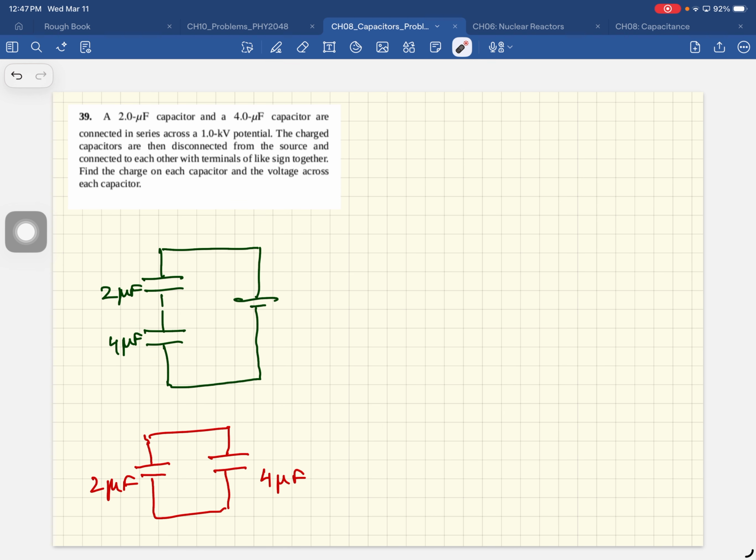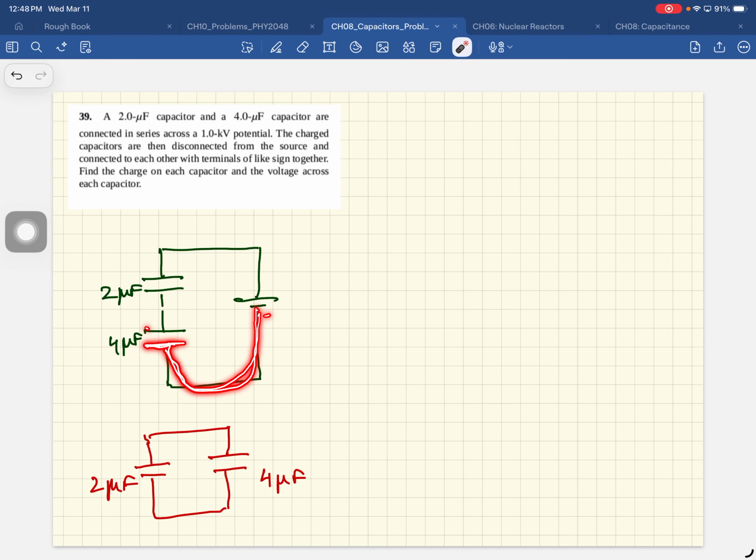When you connect them in series, what is the same on these capacitors? So here's what happens. This is how you remember it. What happens when you connect capacitors? Electrons flow from here to there. So let's say 10 electrons flowed from here to there. You collect 10 electrons here.